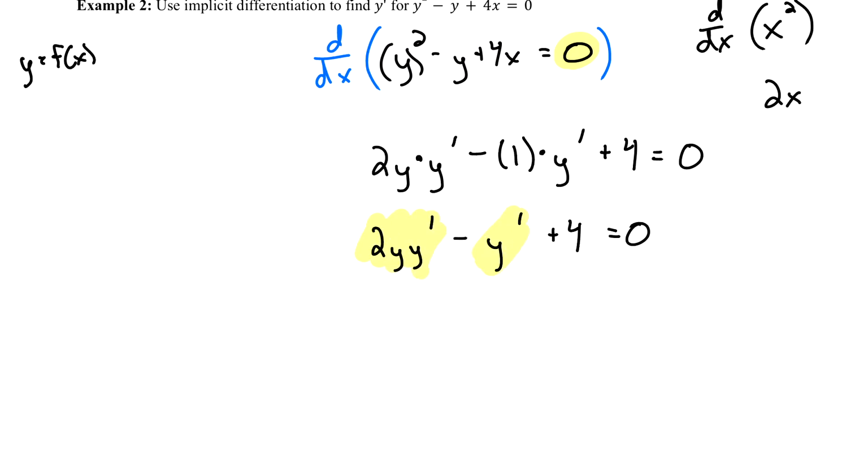I want to keep those on the same side of the equation, and everything that does not have a y prime, which in this case is just the 4, I want to move over to the other side. So I'm just going to start by subtracting 4 from each side. That would give me 2y times y prime minus y prime is equal to negative 4.